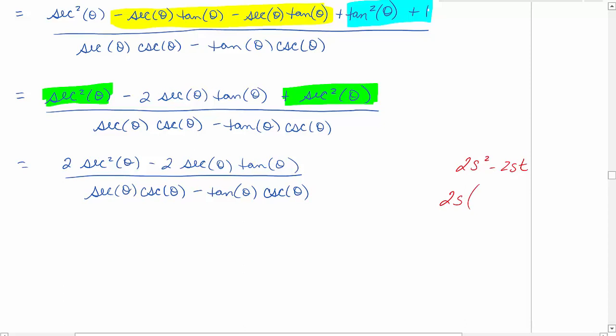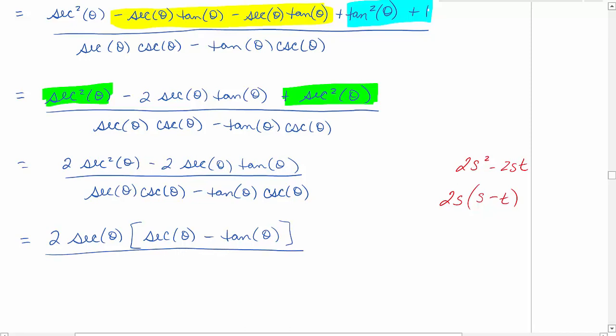And if we factor that out, we're going to be left with s minus t. So that means that we can factor our numerator, taking out a 2 secant, and then we're going to be times secant minus tangent. So there's the numerator.